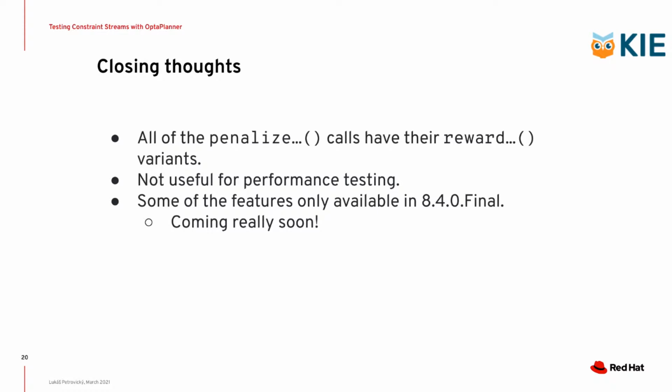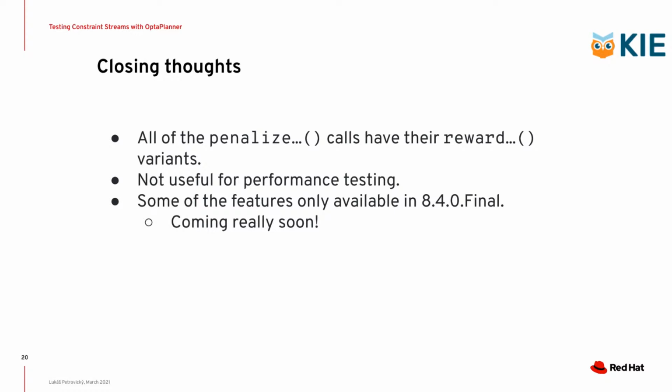And if you were to measure those pieces of code that I just gave you, you would be measuring more of the constraint verifier API and less of those constraints themselves. So for performance testing of constraints, you would have to deploy different methods. Most likely it would have to involve the solver, but that's not really the point of this discussion.